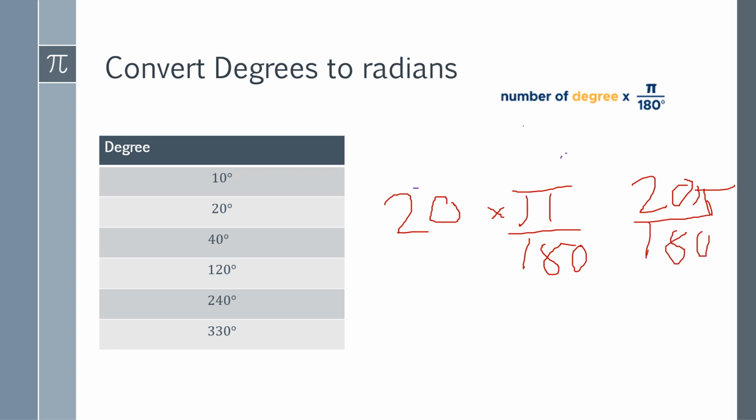And when we simplify that, because we can get rid of the zeros, that's going to be 2 over 18. And then remember this is pi. You could leave it as 2 pi over 18, or if I actually simplify this out of the way, it's going to be pi over 9. And that's how you do 20 degrees. So if you miss any of that, just pause here and rewind.